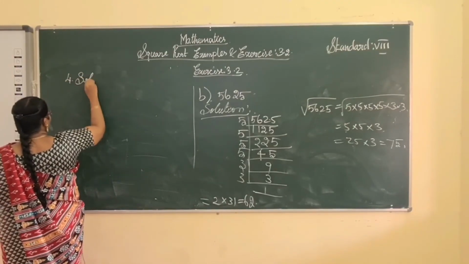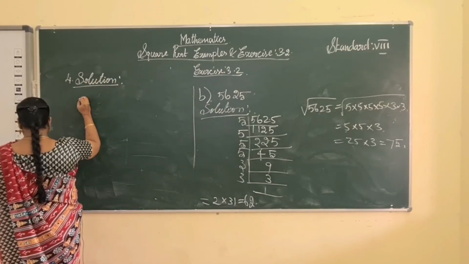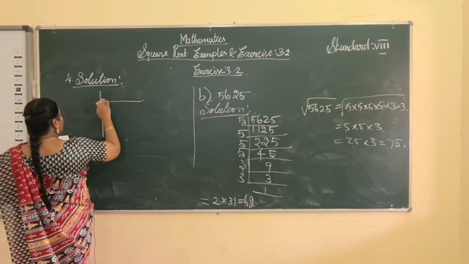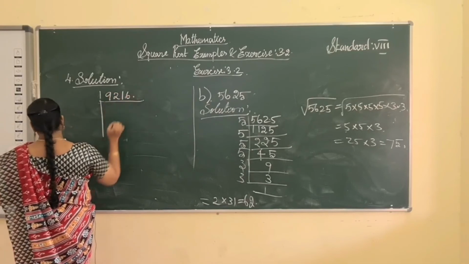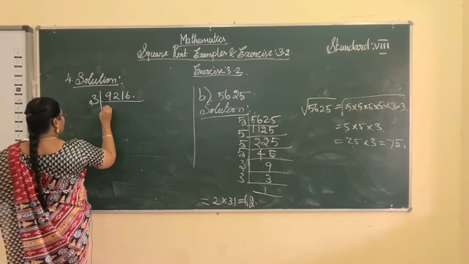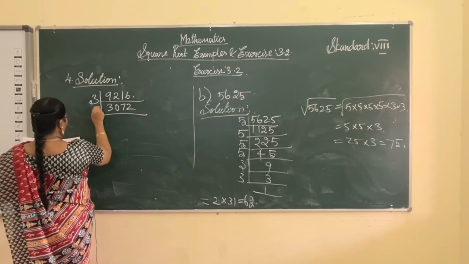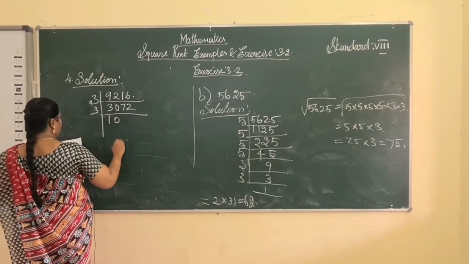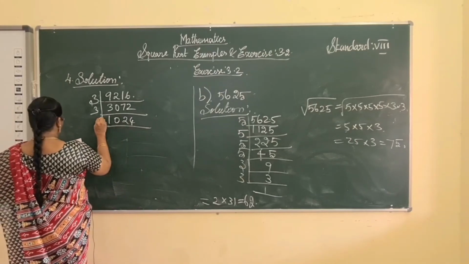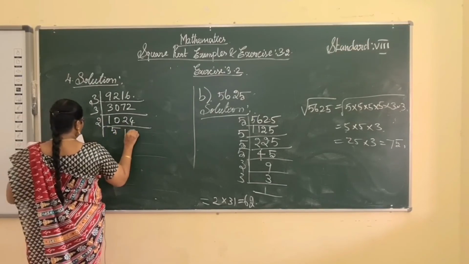Fourth one, solution. So first find the numbers by the prime factorization method. 9216. Okay, so how many times? 3 3s are 9, then 7 times, 2 times. 3 4s are 12, and next 2 table, 2 5s are 10, 2 6s are 12.